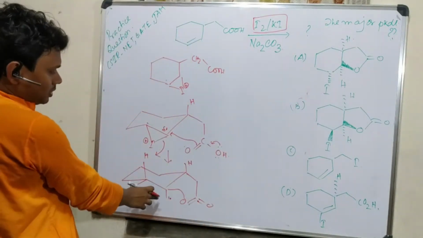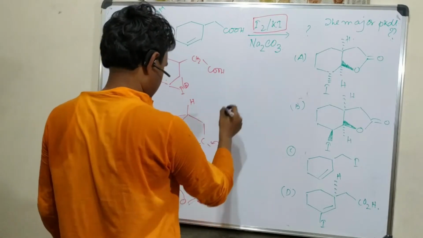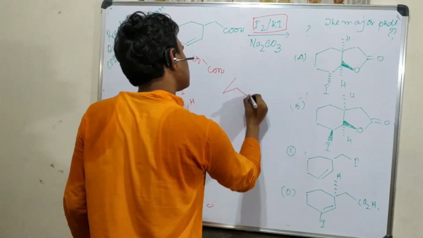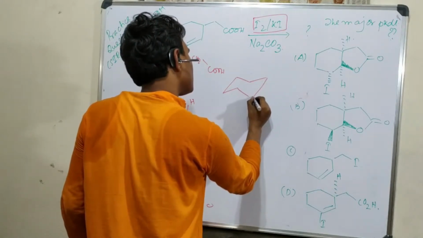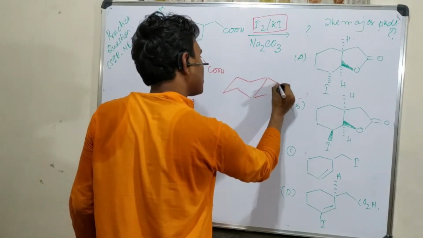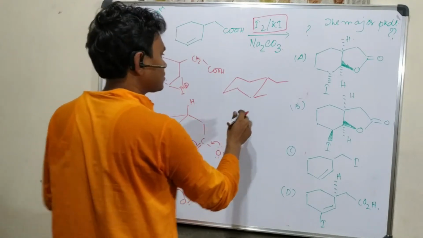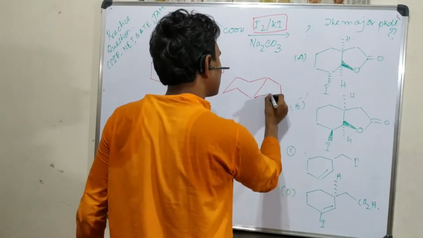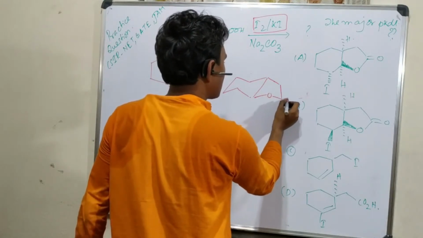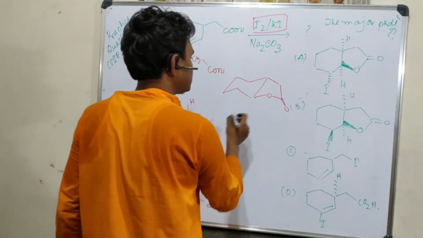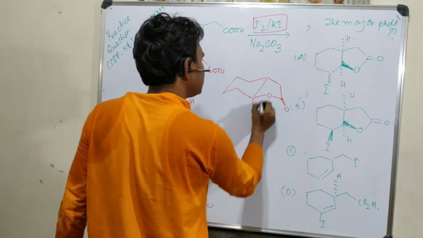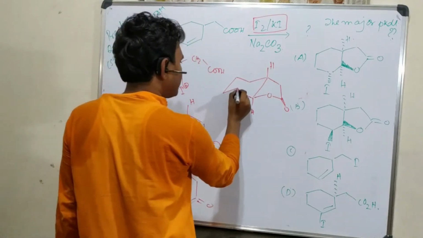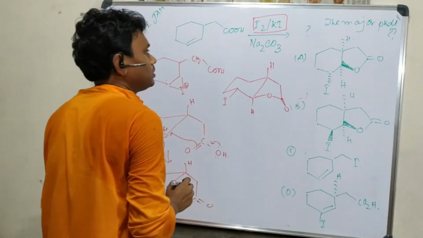So let's draw the product again. This, and hydrogen is below, hydrogen is above and iodide is also below.